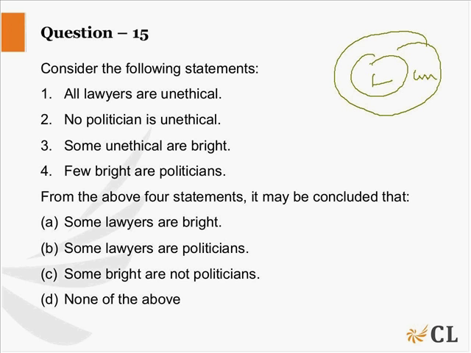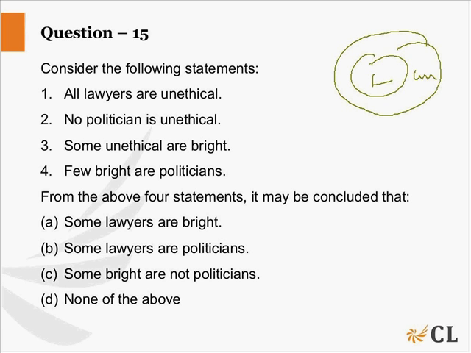So politician as a set will come out of the set of unethical. So it is very true that one thing we now know is that unethical is not equal to politician. Second thing we also know is that lawyer is not equal to politician, because lawyer is a subset of unethical, right?